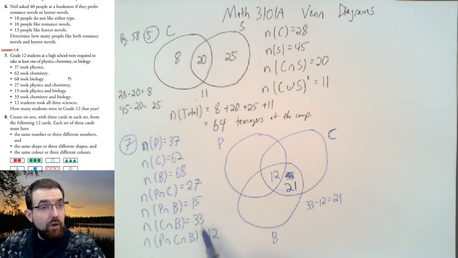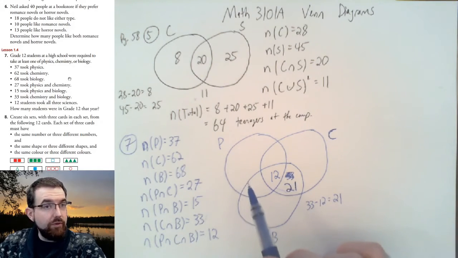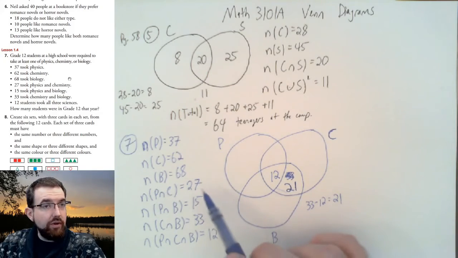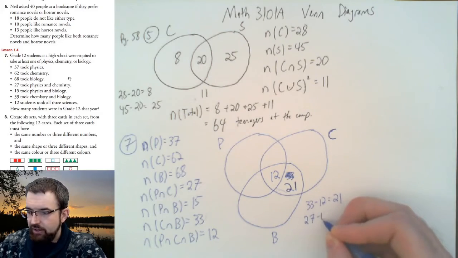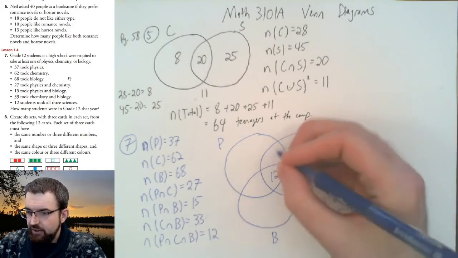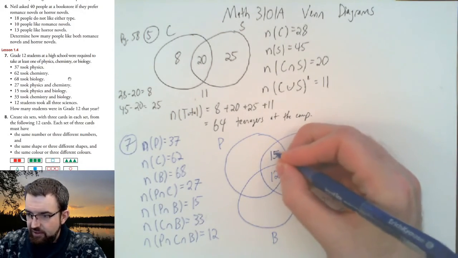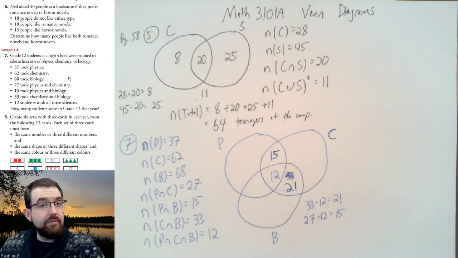And we found this 21 by doing this number, subtract that one. By the same token, we're going to have to do that for all the other ones too. Physics and chemistry is 27. Well, 27 minus 12 is going to be 15. So we know that a 15 has to go up here, right?